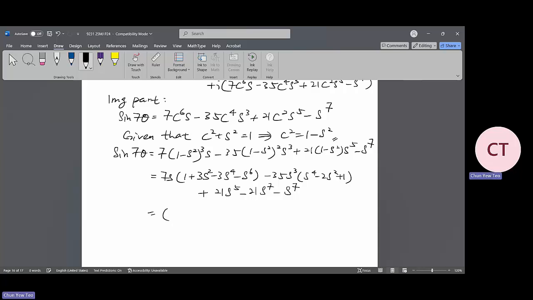Expand all together and then combine all the s power 7 together. You get a negative 7 minus the 35 minus the 21 minus the 1 s power 7, plus the 21 plus 70 plus 21 of s power 5, then plus a negative 21 minus a 35 s power 3 and plus the 7s.